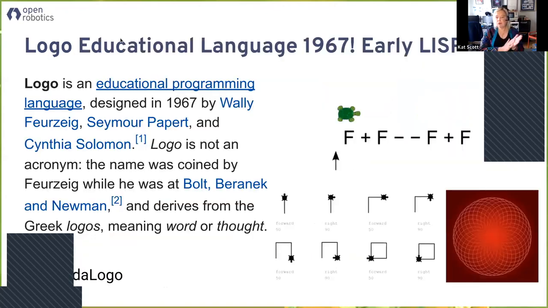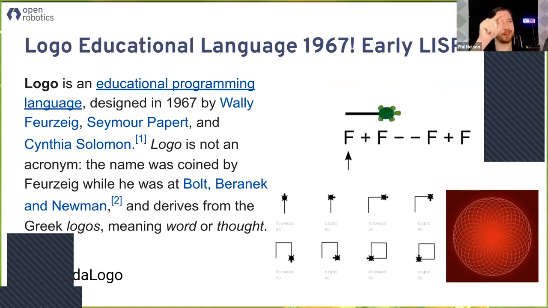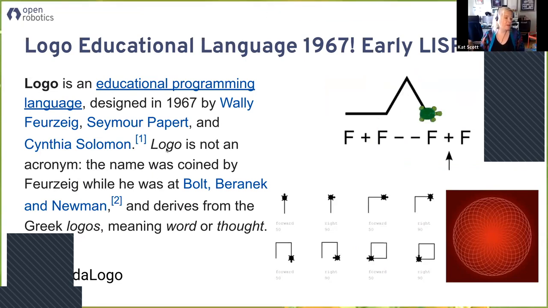Okay, so Logo was this educational programming language designed in '67 by these people. The first thing I ever wrote code for was drawing a little circle with Logo. It's not an acronym. They just coined it. It derives from the Greek word meaning thought.